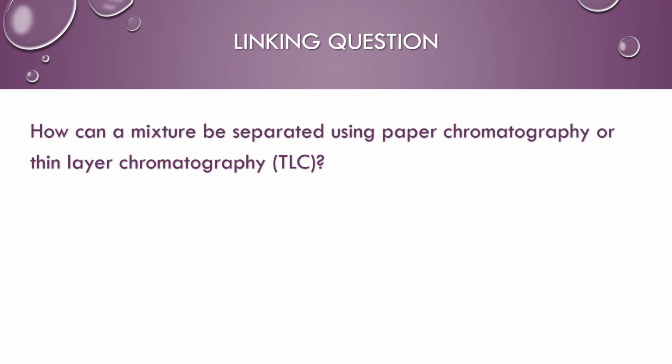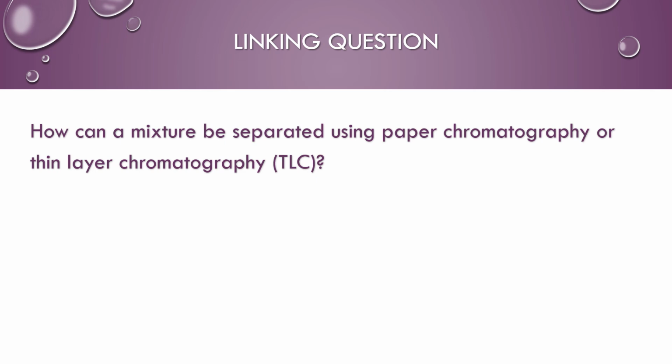And so chromatography is one of those techniques that you definitely need to know, and this is why it's listed as part of a linking question, because it links to some of our tools for our science. And so how can a mixture be separated using paper chromatography or thin layer chromatography? Either way, you have a stationary phase, whether it is paper or a thin layer plate, a TLC plate with silica.